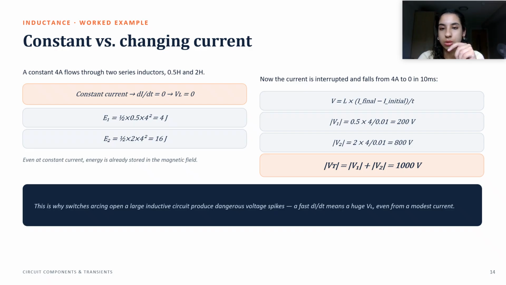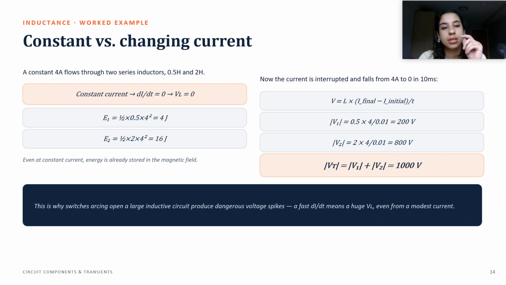You have these 2 inductors in series here, 0.5 Henry and 2 Henrys. Now we can find the energy for the first inductor using the formula we saw before for the energy in an inductor, and then E2 for the energy of the second inductor.